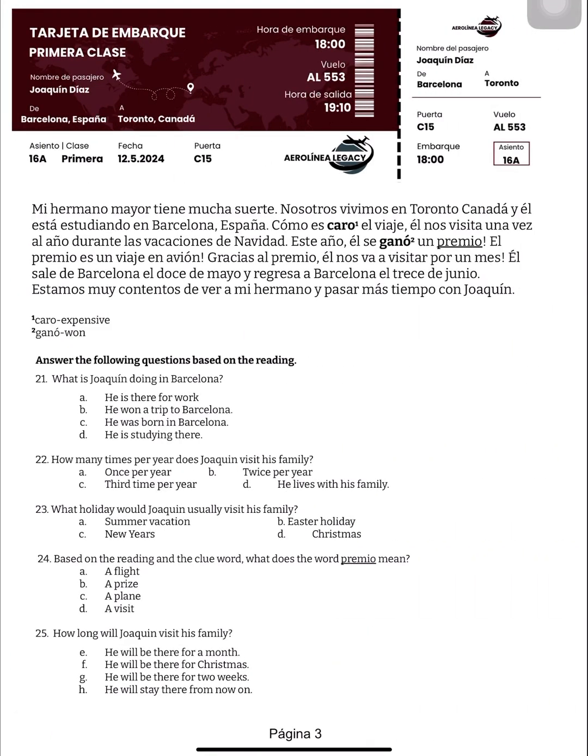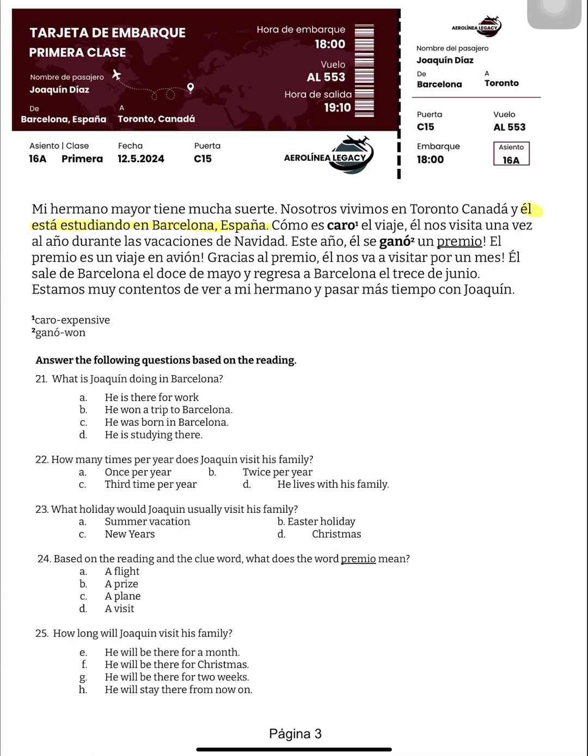Now this one, you had several different stories, several different questions, about the paragraph and the ticket. They went side by side. So what is Joaquin doing in Barcelona? Okay. So it says, mi hermano mayor tiene mucha suerte. Okay. So he's very lucky. Nosotros vivimos en Toronto, Canadá, y él está estudiando en Barcelona.